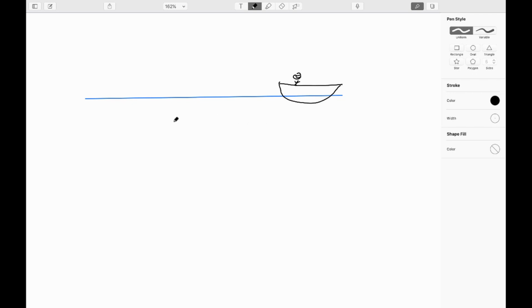Okay, and let's say you, sitting in your boat, look in the water and you see a little fishy. I can do a better job of drawing a fish than that. There we go. So here's our fishy.